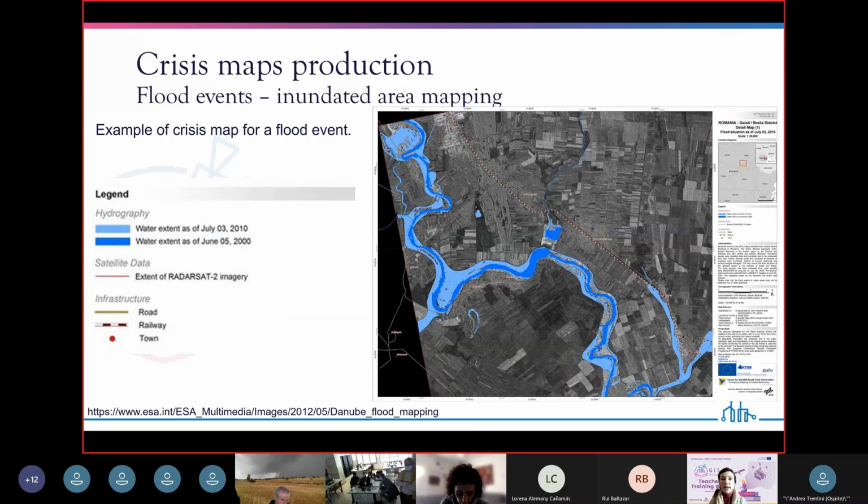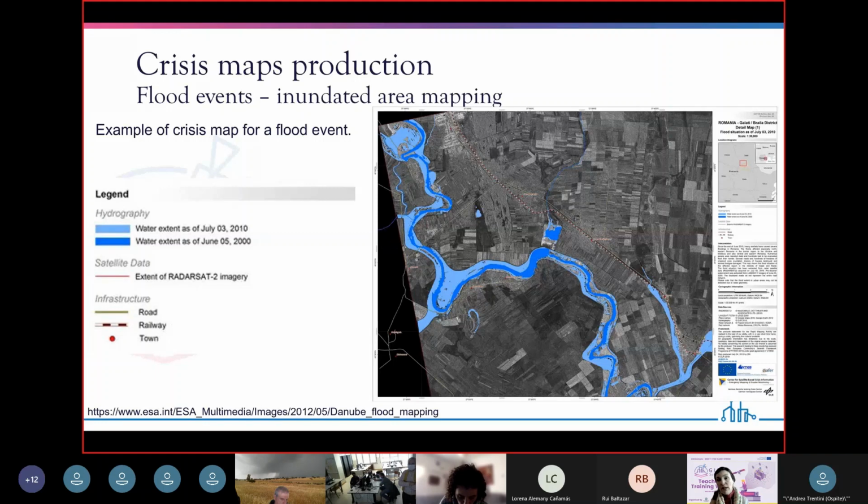Here we see another example of flood map. Here we see the water extent on 2 different dates, so you can see again how the water presence can change, and for some events it can be the user to ask for the monitoring of an event.